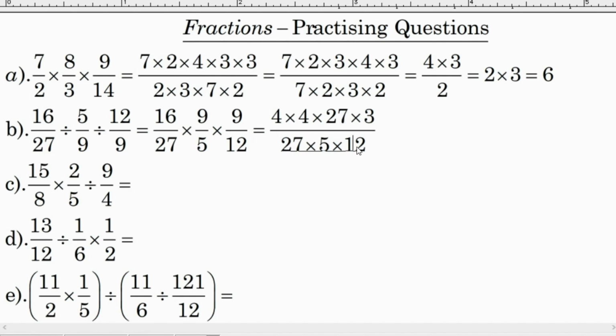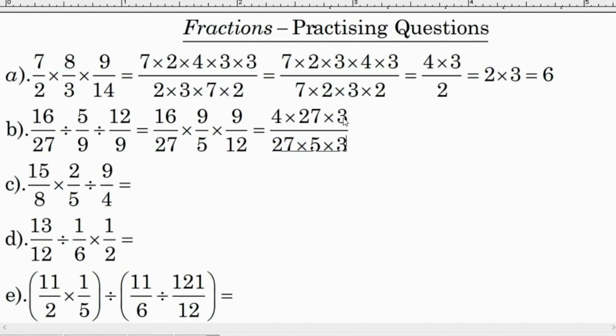And 12 can be written as 3 multiplied by 4. So we have 3 here and 3 here, and 4 here and 4 here. When I simplify 4 with 4, we just simplify them.